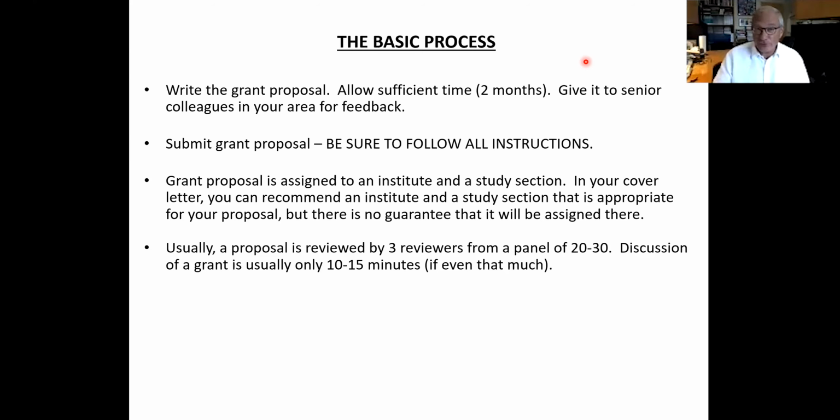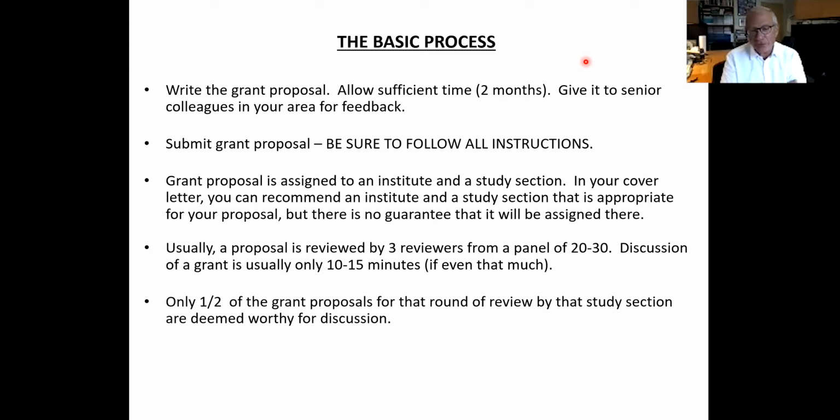Now, it turns out that only half of the grant proposals for a given round are reviewed by that study section. And it's always a bummer if one of your grants is the one that doesn't get discussed.